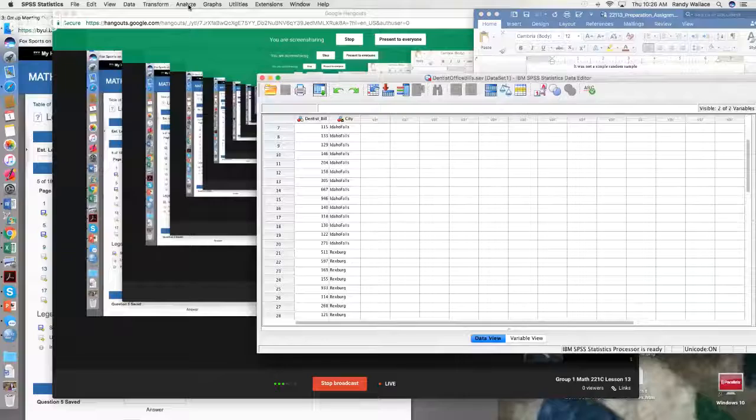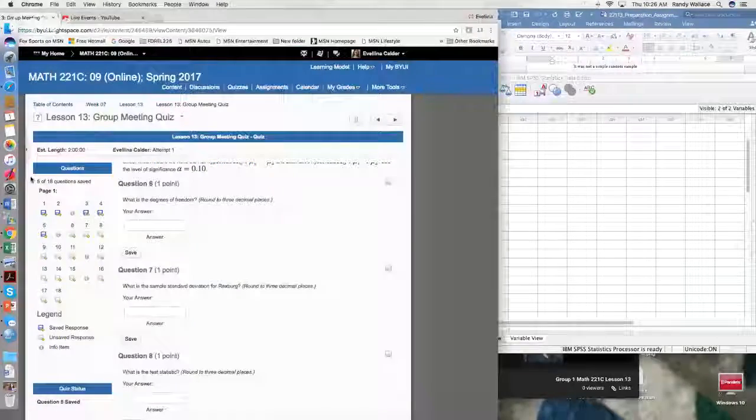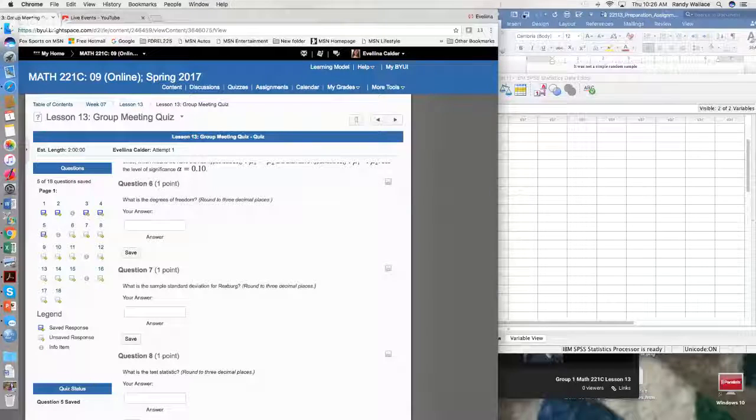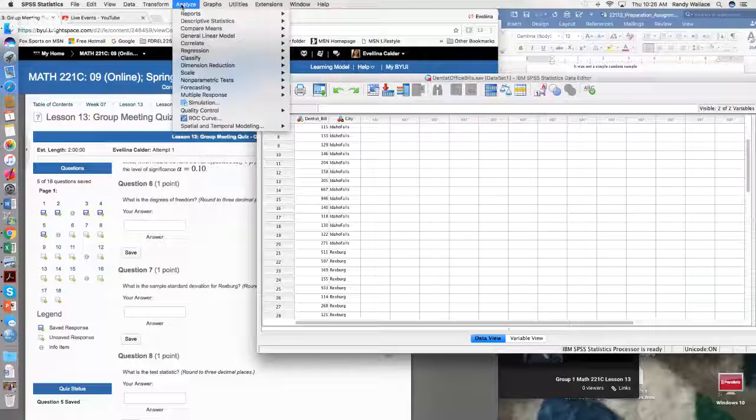Okay, so it wants to know degrees of freedom.